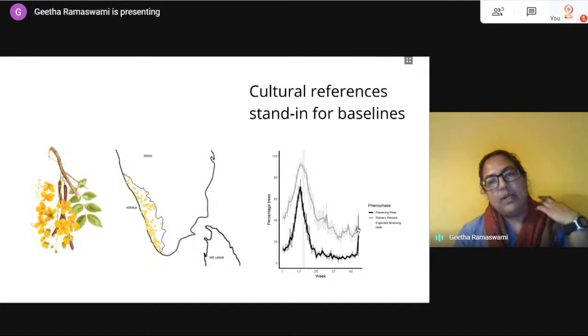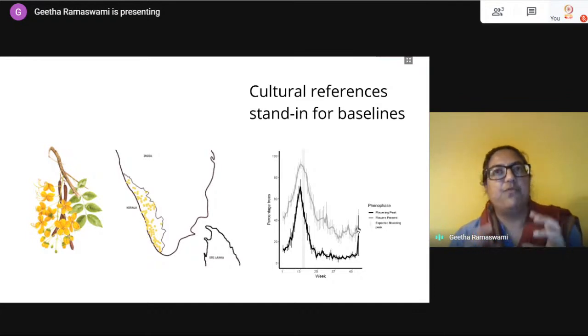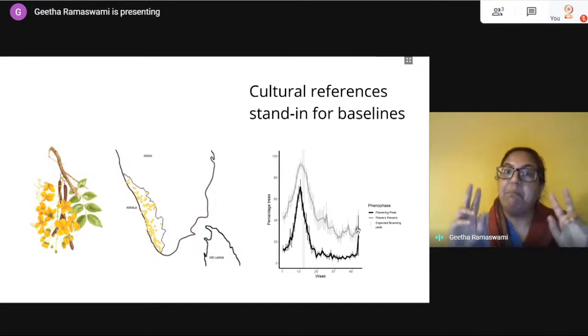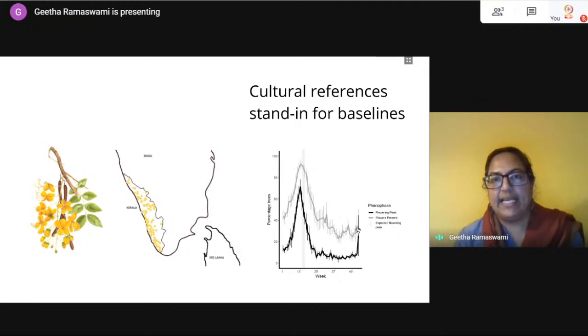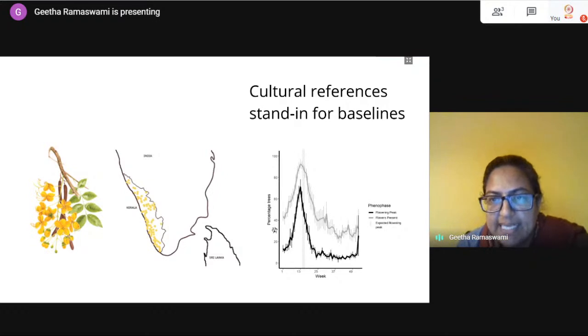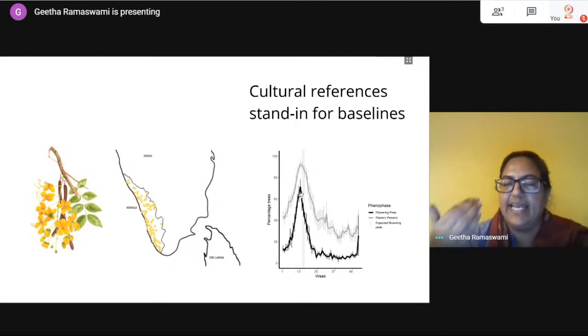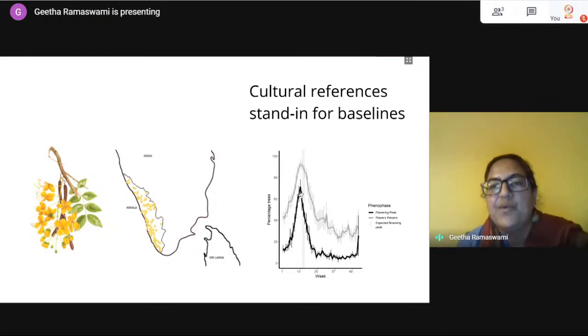But what about the peak flowering? We considered trees which had many flowers as an indication of peak flowering in cassia, and we plotted that. That's the black line over here, and we see that the peak in high flowering was actually just a little bit before the usual typical Vishu date.